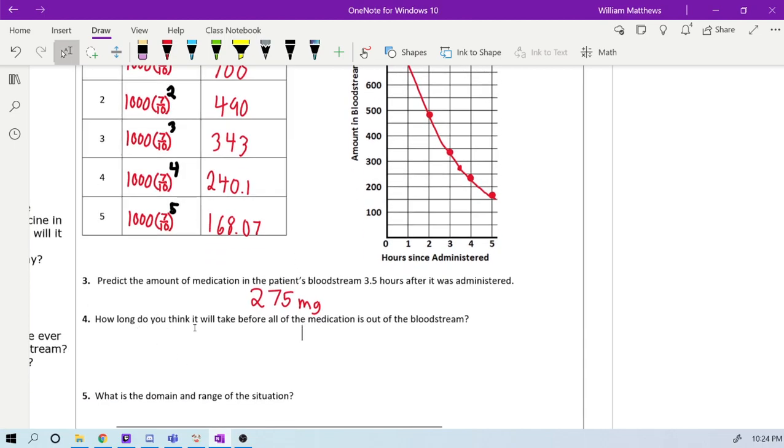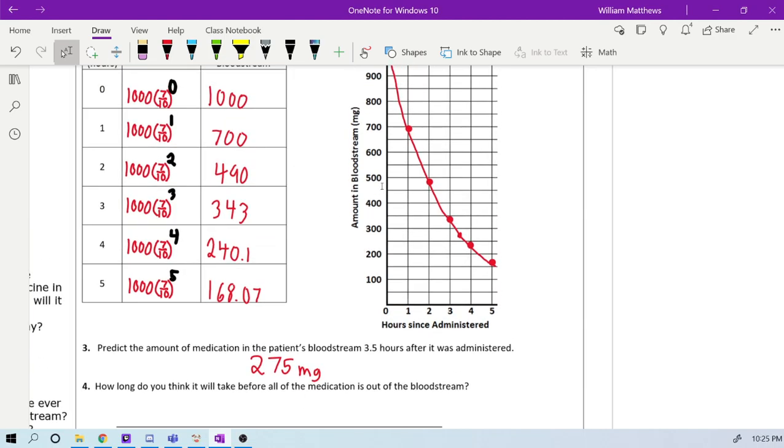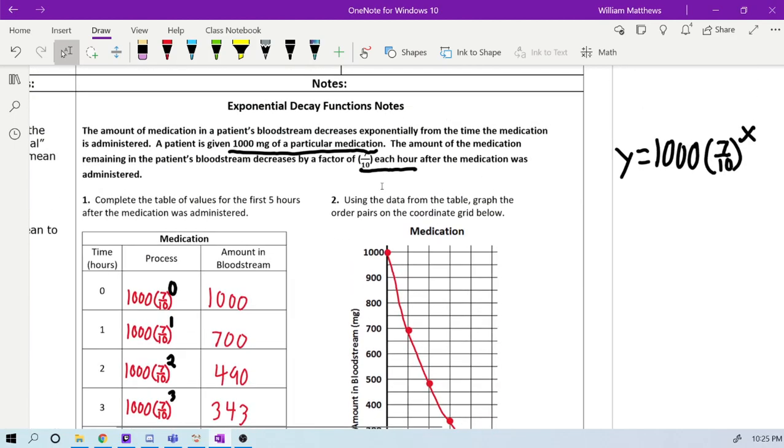How long do you think it would take before all the medication would be out of the bloodstream? Well, in this case, it would exponentially decay, so it would never reach fully out of the bloodstream if we were to follow the equation.